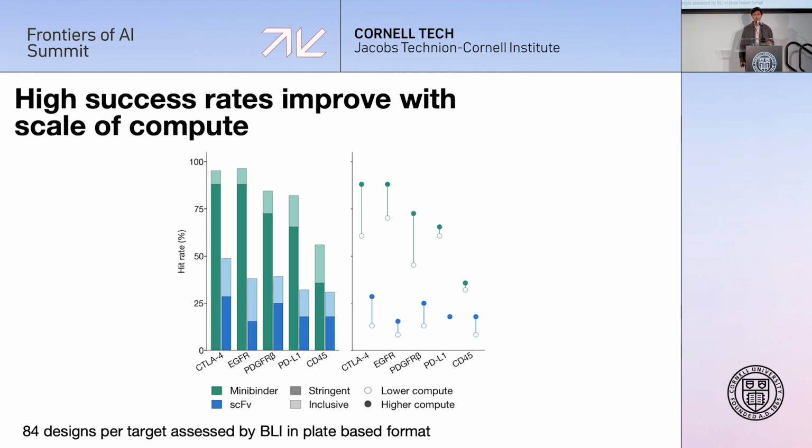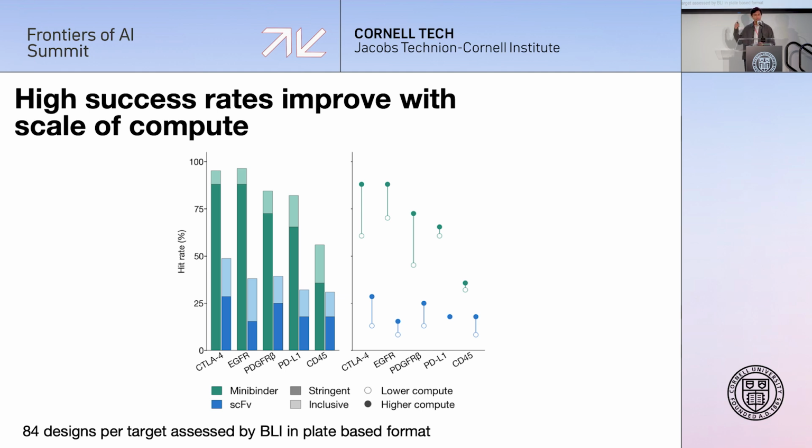On the left, you can see the hit rate across all modalities and targets, but on the right, you can also see how increasing the compute that we use to generate the binders in silico on GPU can actually translate directly into increasing the hit rate in the lab. So the smaller unfilled circles show our hit rate when we're using a certain level of compute to design possible candidate binders.